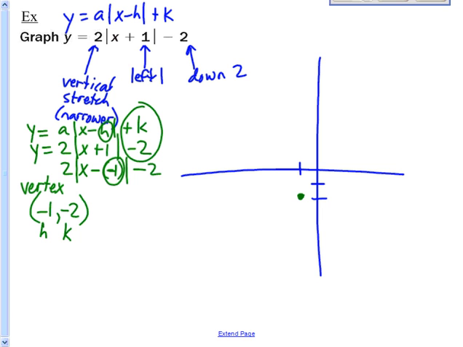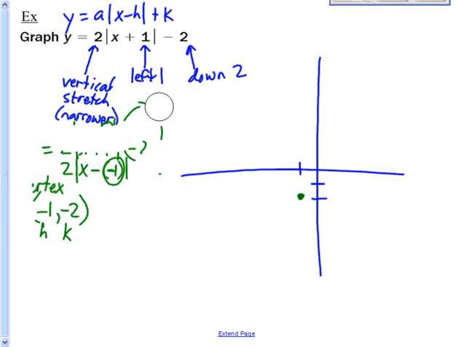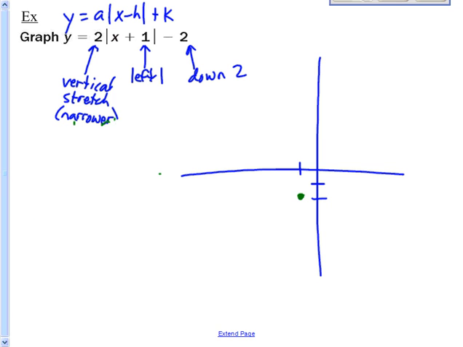Okay, there's our vertex. So when I'm plugging some points into this equation, let me erase this for a minute. I'm going to pick negative 1 because I'm left 1, and I'm going to keep going. Let me go to the right a couple, 0, 1, and then let me go to the left of the vertex.